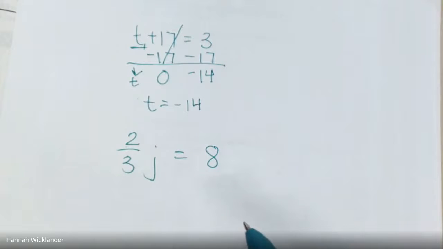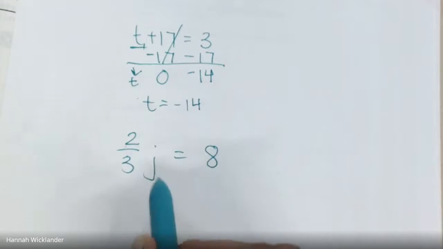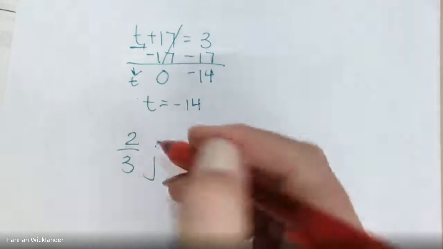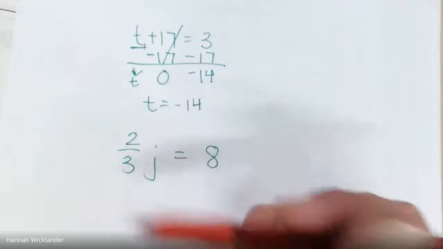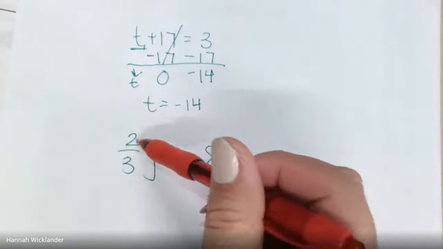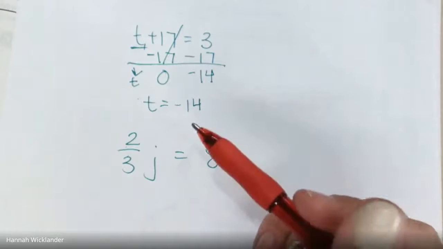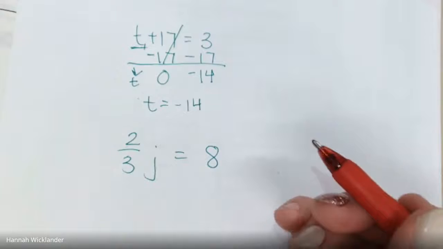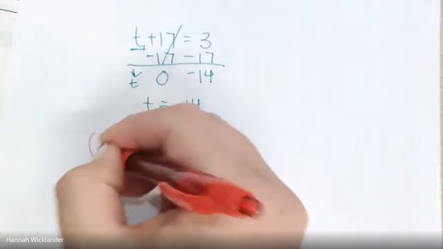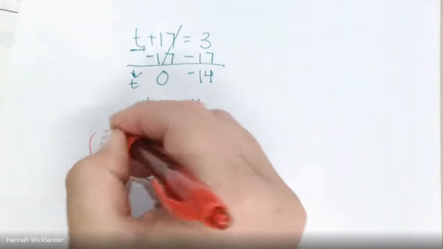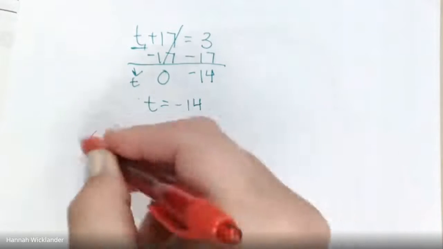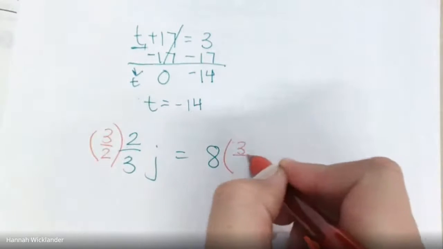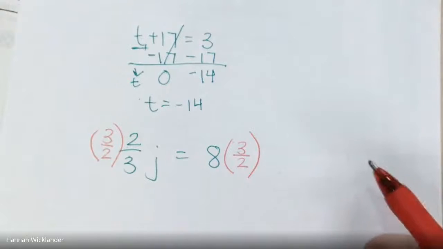In order to get j by itself, isolate my variable, I'm going to multiply both sides by 3/2 because it's division, and the opposite of division is multiplication. So I multiply 3/2, and then I multiply the other side times 3/2.